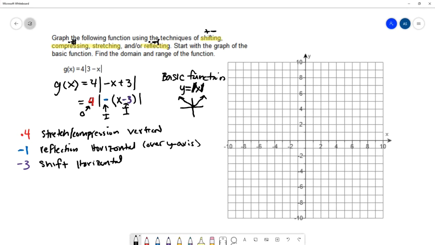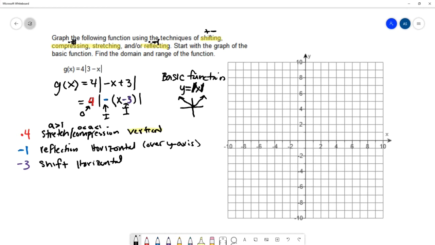Now, with the stretch or compression, we need to figure out which one it is. With vertical stretches or compressions, we pay attention to the value that we're multiplying by. If that number is greater than 1, we call it a stretch. And if that number is in between 0 and 1, we call it a compression. So in our example, because the number we're multiplying by is greater than 1, it's a stretch.